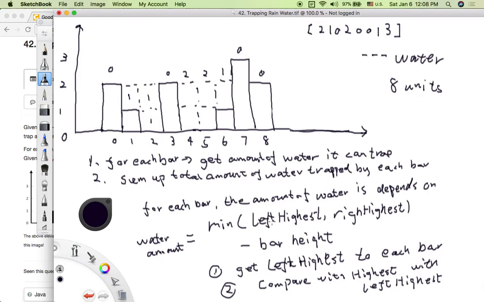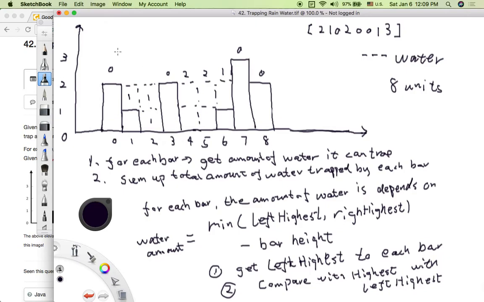We get the minimum of left highest and right highest, then minus its own height to get the amount of water it can hold. So this is the whole idea to solve this problem.